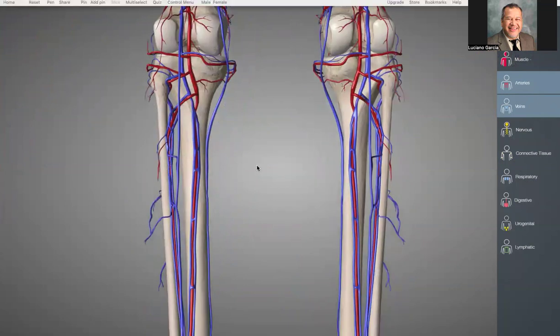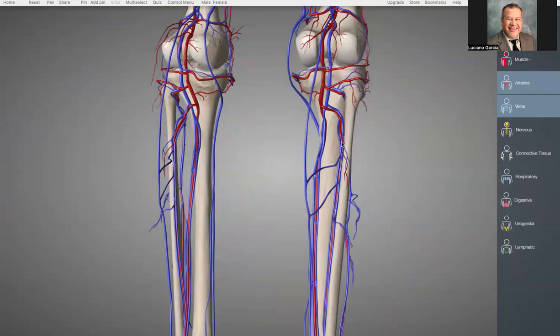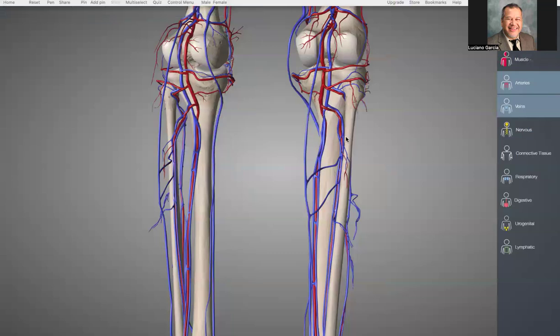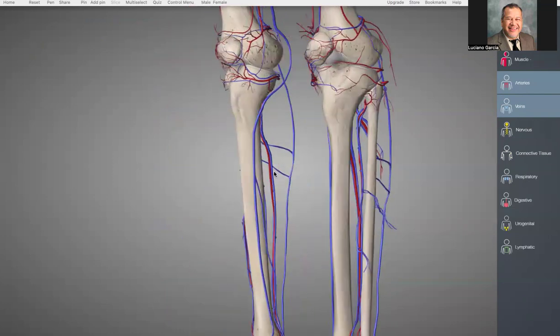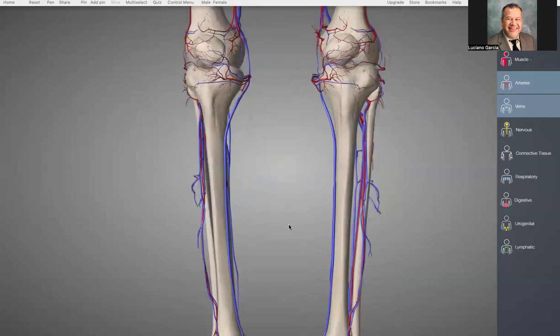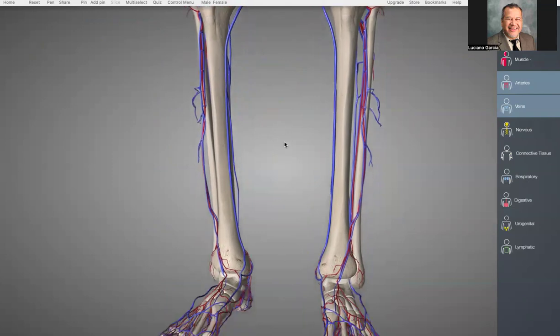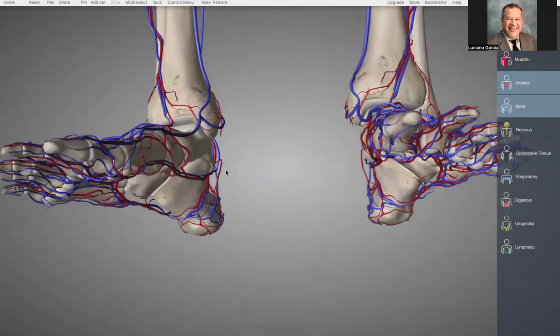It's going to split into the posterior tibial, which means the shin bone, and the anterior tibial, with the fibular branch as well. Yep, fibular artery. Here you will see arteries and veins traveling very closely together. And those will go down to the foot, which we will learn later.